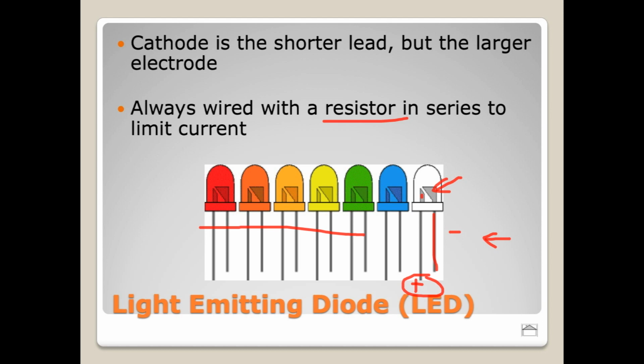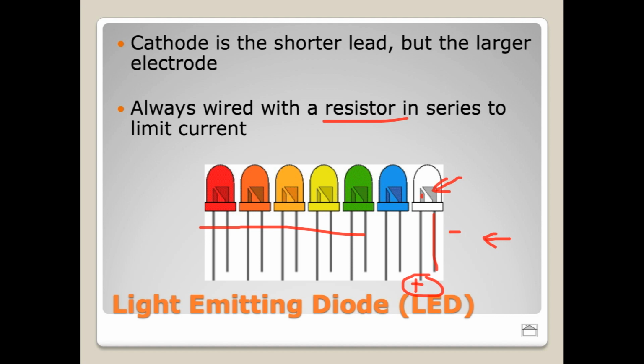So LEDs and diodes in general don't like a lot of current. What that means is if we want them to function, we have to put a resistor in series. We have to slow down the amount of current that can get through these devices, or else they will literally burn up. It's not like, stand back, you're going to have a fire.